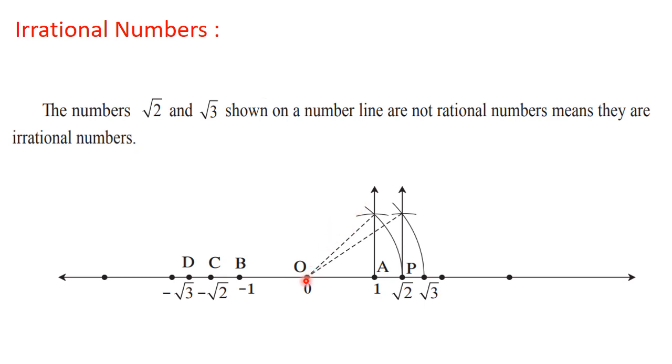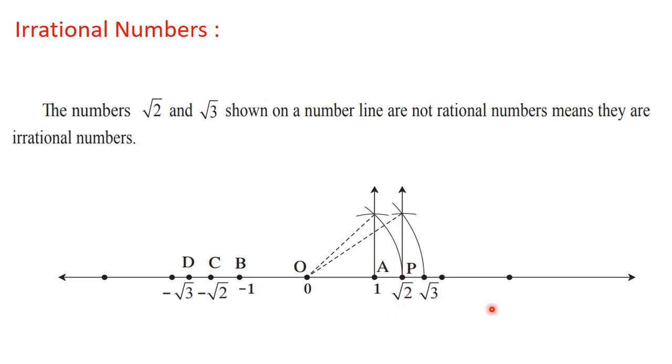That means from here to here if the distance is root 2, then from here to here also the distance has to be root 2. So in this way we can locate it. This is just to explain. We are going to do the construction actually because such sums we have in the practice set. So don't take tension now if you have not understood this. I am going to show you how to construct it.